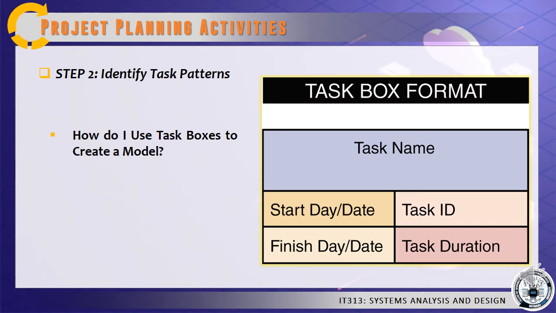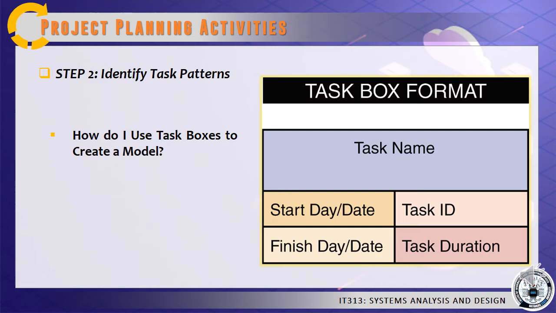If task 1 begins on day 1 and has a duration of 3 days, it will finish on day 3. Because task 2 cannot begin until task 1 is completed, the start time for task 2 is day 4, which is the day after task 1 is finished.